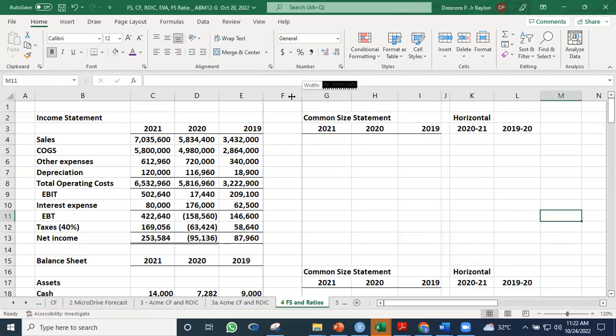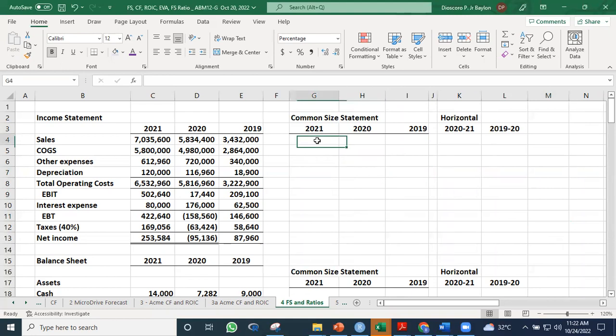Sir, so ginawa ko po sa G4 is equal sign C4 divided by $4. Naka $sign po yung 4 para mag-freeze yung sa row. Okay, why do you want to fix the row?